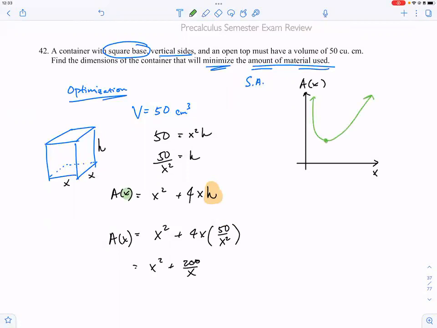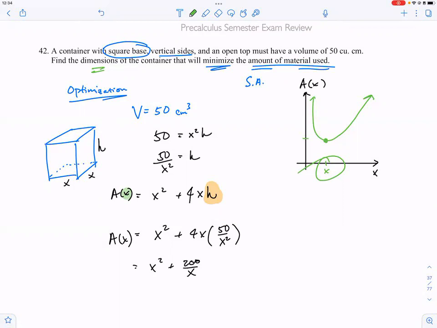So you will use a calculator, find out the minimum, and get the x value, and also get the y value, which is your area. So it says find the dimensions. Once you get the x value, which is the length of the square base, then you can find out the h, and then you can have your dimensions.